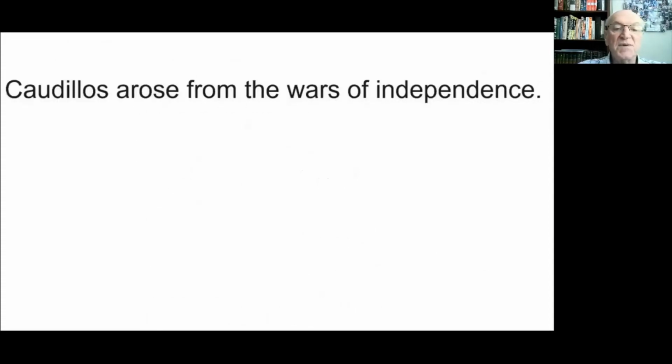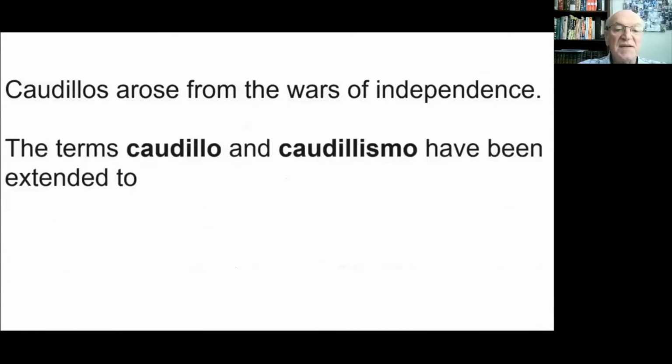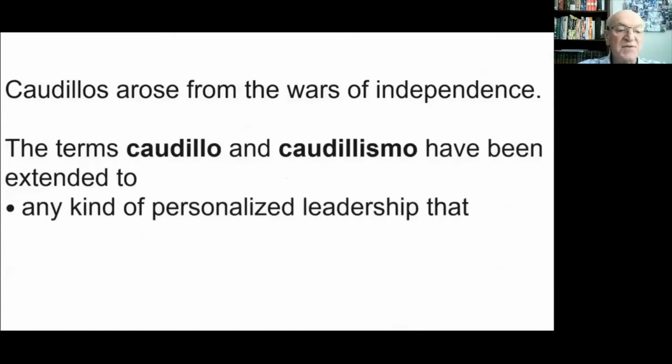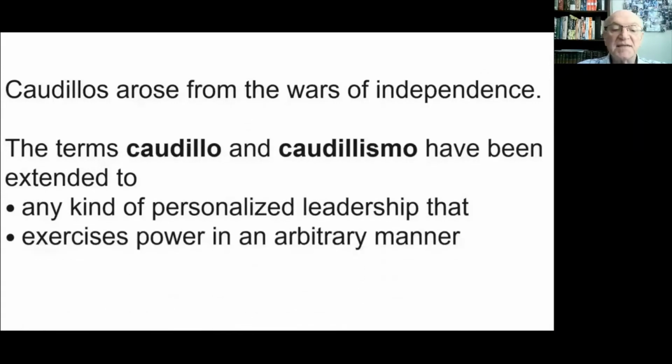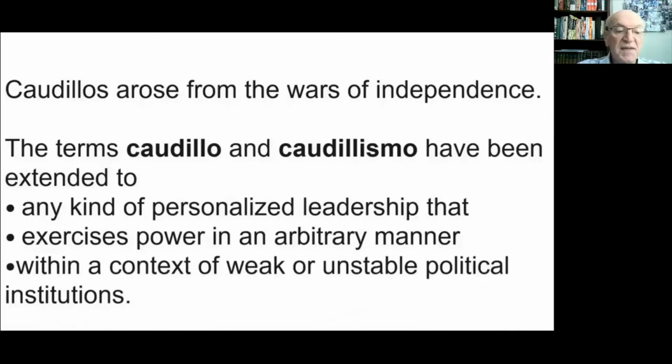Now, caudillos arose from the wars of Latin American independence. But the term has been extended to any kind of personalized leadership that exercises power in an arbitrary manner within a context of weak and unstable political institutions.